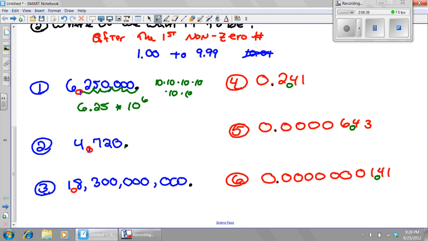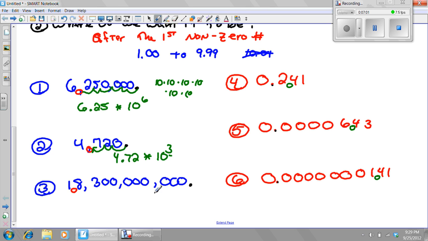Let's try it on the 2. The decimal point's going to move 1, 2, 3 places. So my new decimal becomes 4 and 72 hundredths times 10 to the 3rd power. All I did was move it 3 places. That's where my exponent of 3 comes from. This one moves 6 places. I got an exponent of 6.